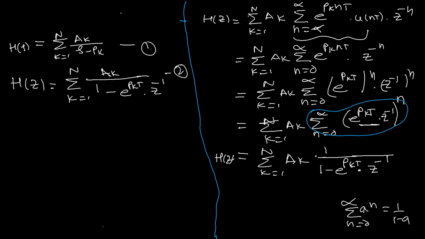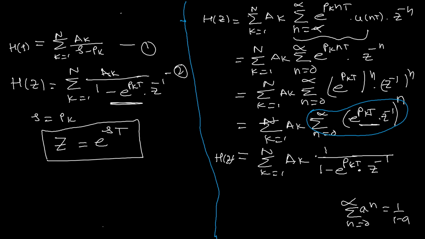If you observe these two equations, for s equal to Pk, you can write z equal to e to the power sT. This is the relation, the transformation from s to z. If you have a pole in s, I can transform it to z. So this gives the transformation from H(s) to H(z). So whatever poles you have in the s plane, I can map a particular pole into z.